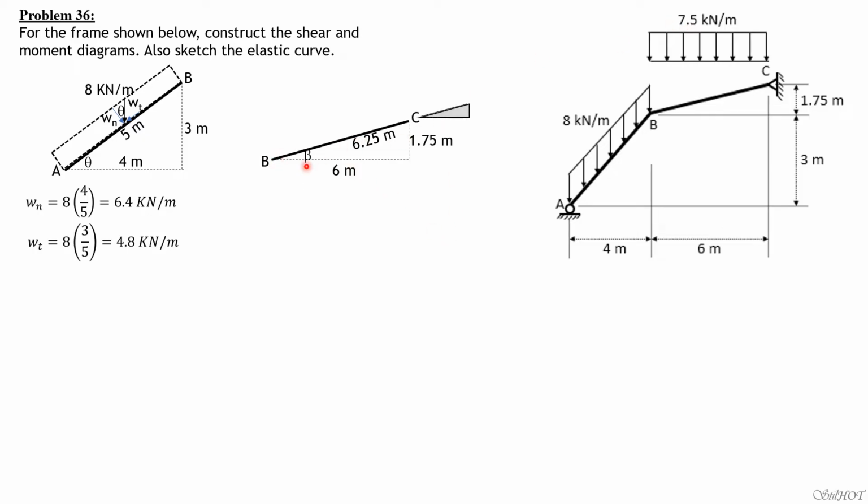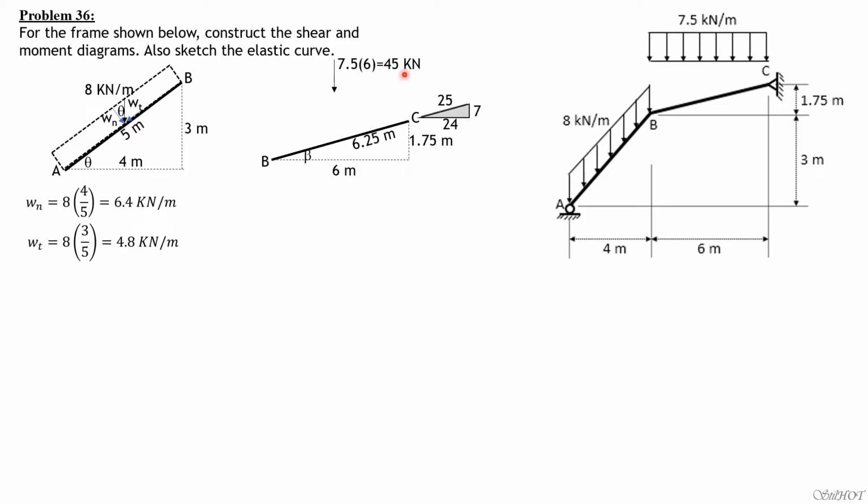We'll call the angle here beta. The slope is 1.75 vertical, 6 horizontal, which can be multiplied by 4: 6 times 4 is 24, 1.75 times 4 is 7. So the hypotenuse is 25. So this is 7.5 times 6, 45 kilonewton vertically.